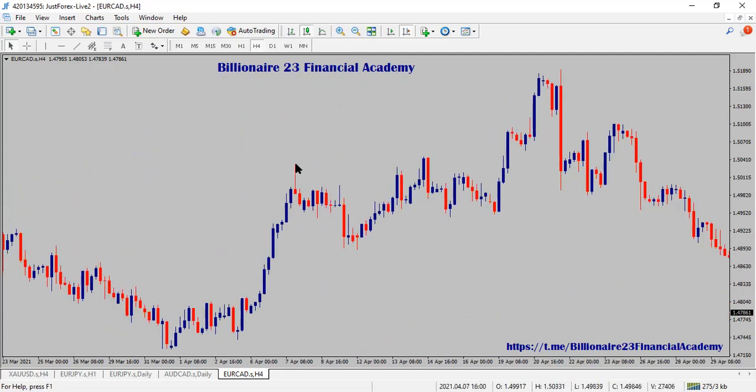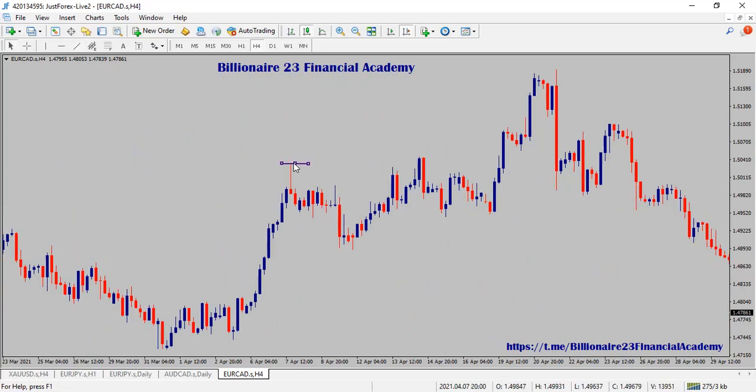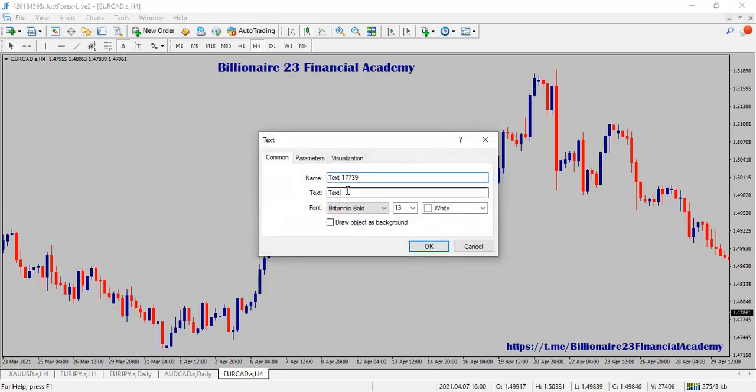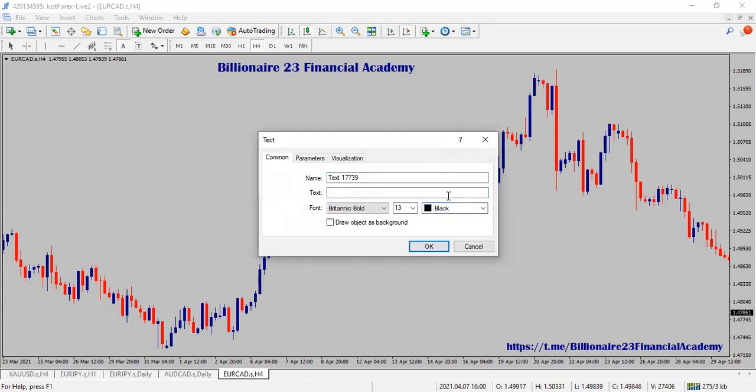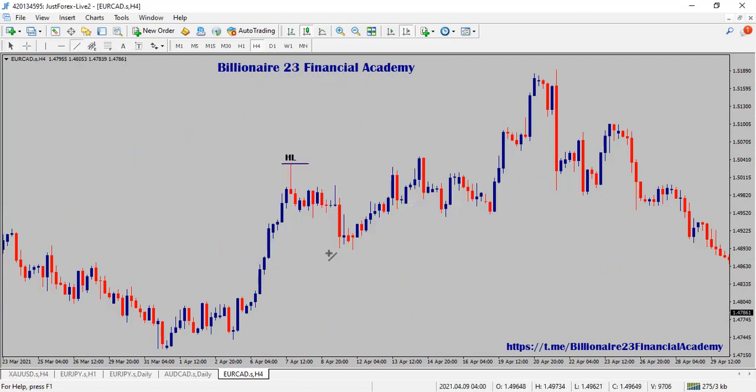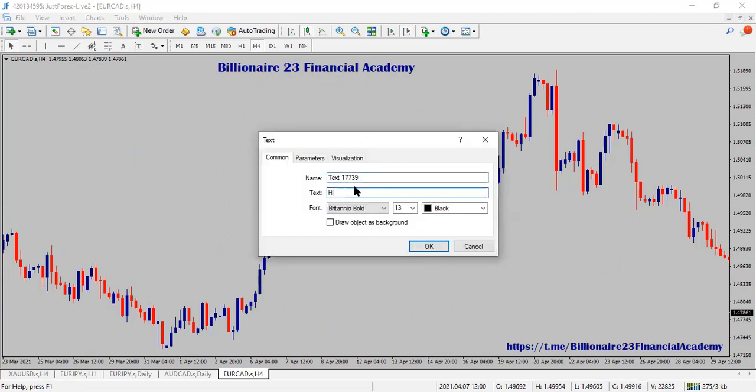I'm going to use a bullish example first. I would regard this as a higher low. Higher high.